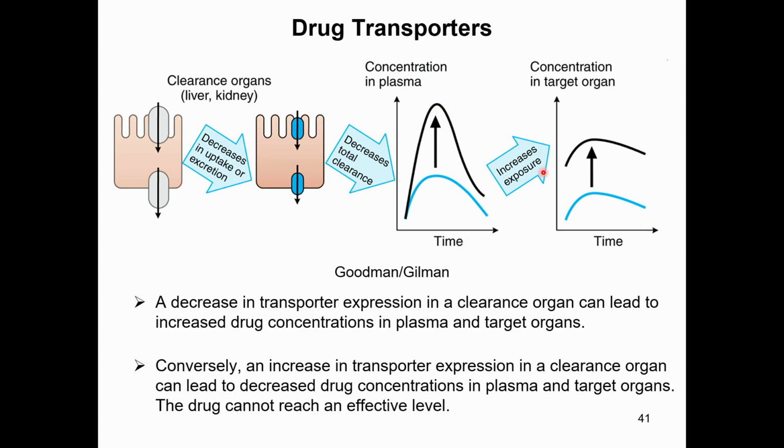And that can cause increased concentration, and it depends on whether that's good or bad. It could lead to toxicity because you have unexpectedly high levels. It could also decrease concentrations on the other side of a membrane. But the whole take-home message here is that if you have altered drug transporter expression, it's going to affect the levels of drugs that accumulate in the blood.